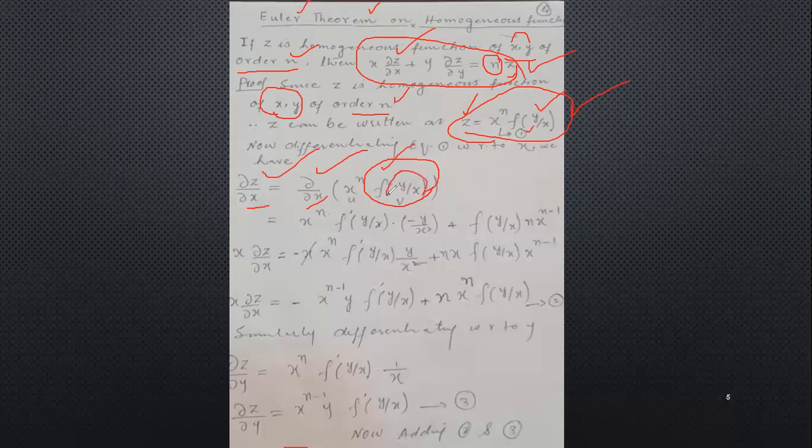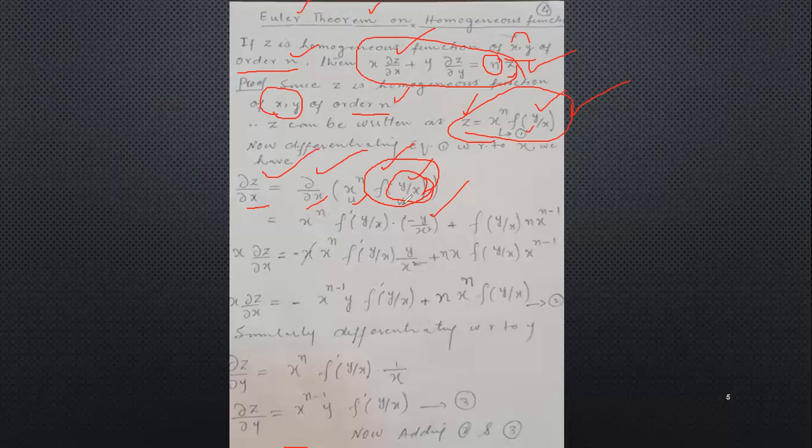Then we take the derivative of y upon x with respect to x, and we get minus y upon x square.